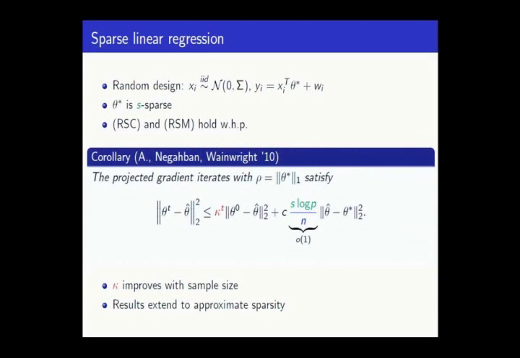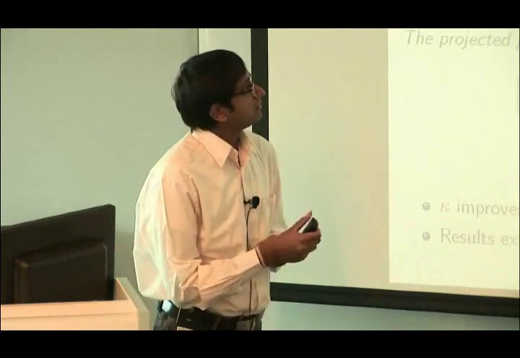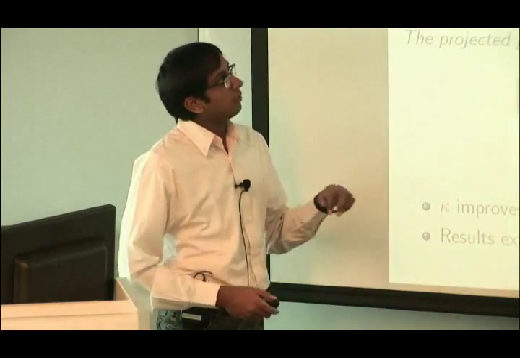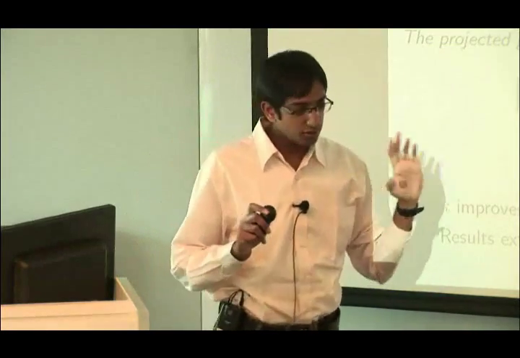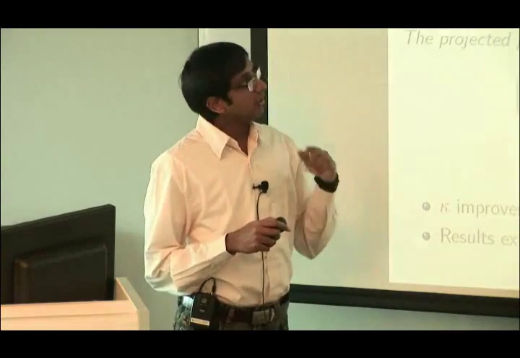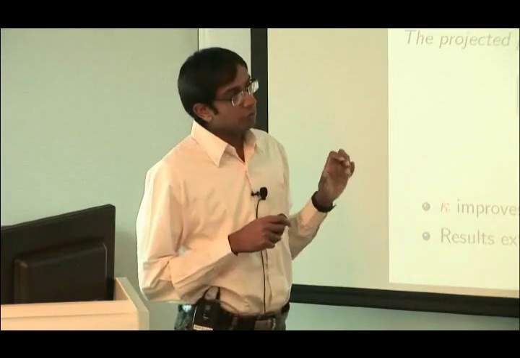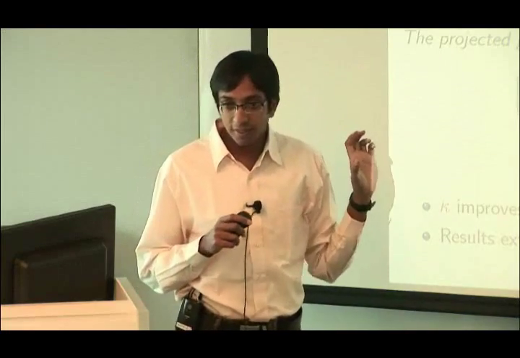Okay, so to see how we might have this sort of favorable scenario, let's go back first to the sparse linear regression example. As before, we make the sparsity assumption, and for now we assume that the data is again Gaussian, although that assumption can be relaxed fairly easily. What we can prove is that under these assumptions, RSC and RSM hold with high probability.